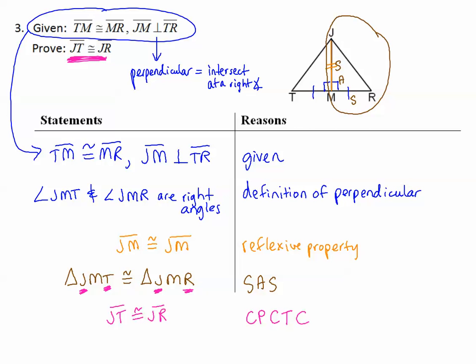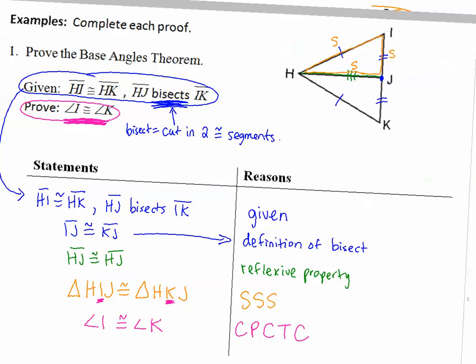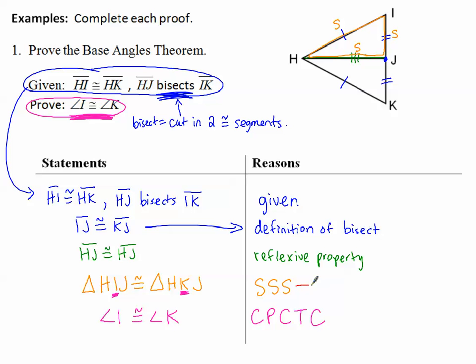Do you notice a pattern? We always use CPCTC after a congruence postulate or theorem. So first we say the triangles are congruent, then CPCTC. Previous proof, triangle congruence postulate, then CPCTC. First one, triangle congruence postulate, then CPCTC.